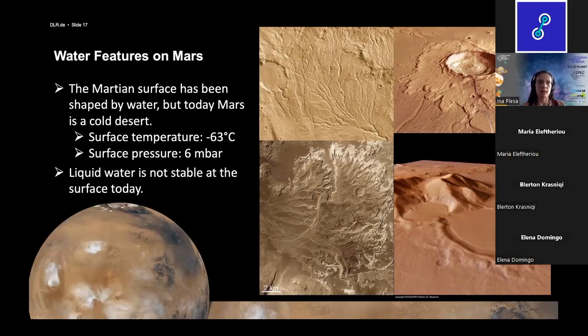And as I said before, the surface temperatures are relatively cold, and most importantly, the surface pressure is very low. 6 millibar. On Earth, we have on average about 1 bar. So the surface pressure leads to the fact that if you expose ice on the surface of Mars in equatorial regions, this ice tends to go into the gaseous form. It sublimates.